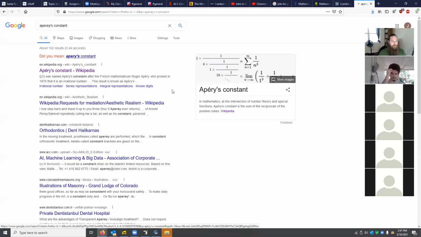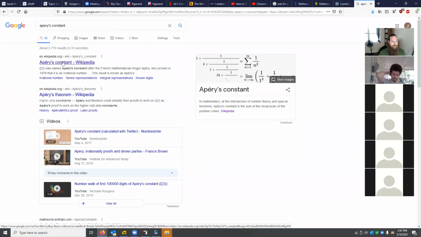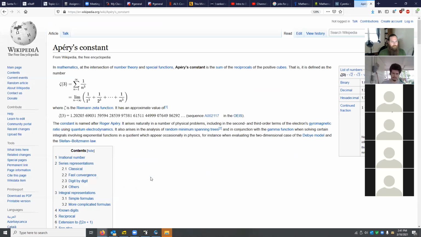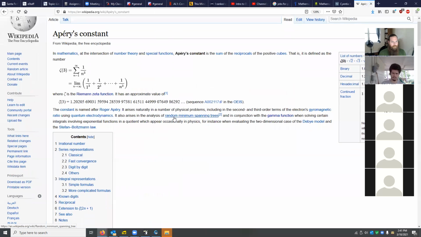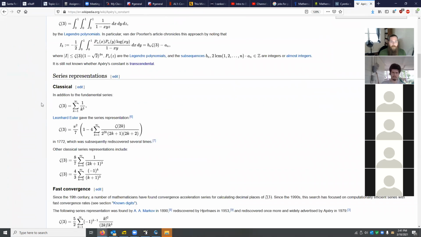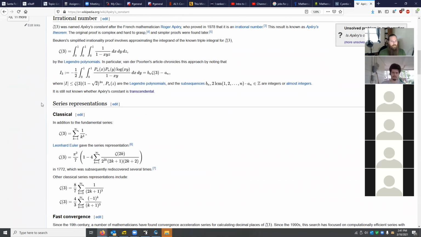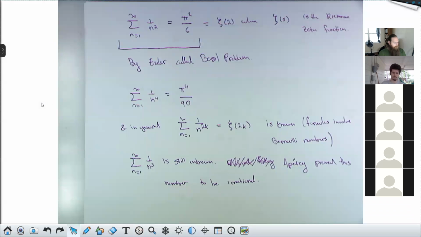There are a lot of representations for it. Here's the first dozen, two dozen digits, but that doesn't mean we know exactly what it is.